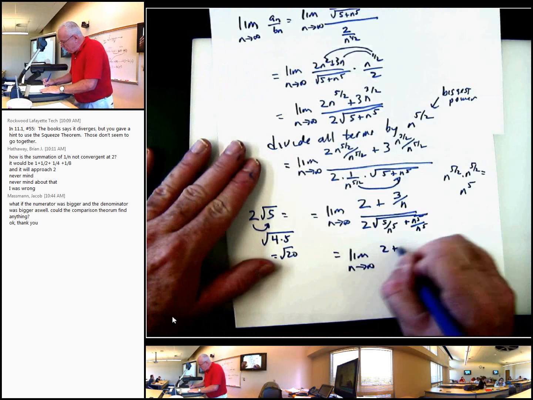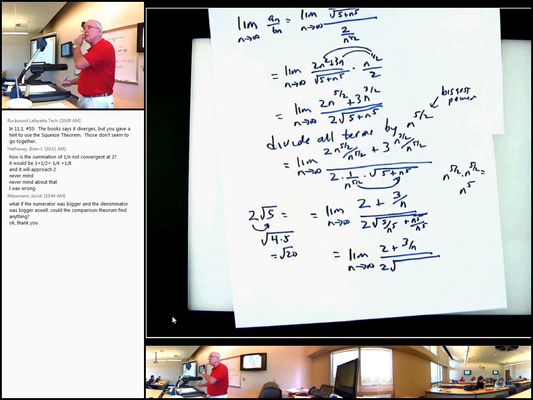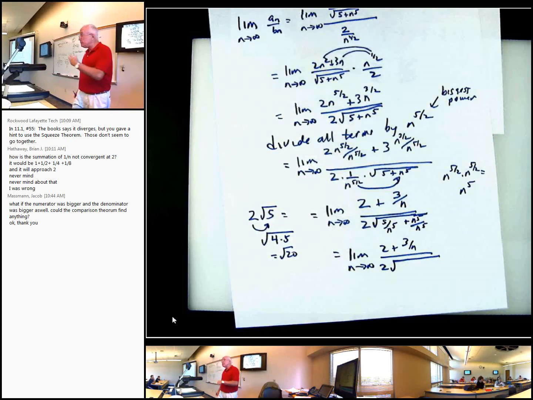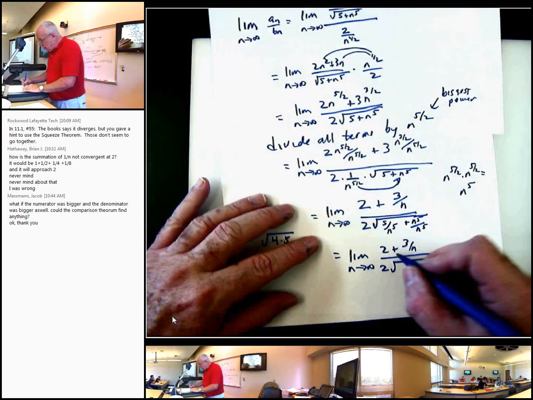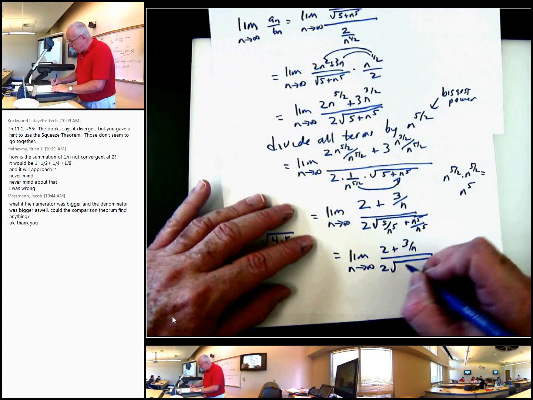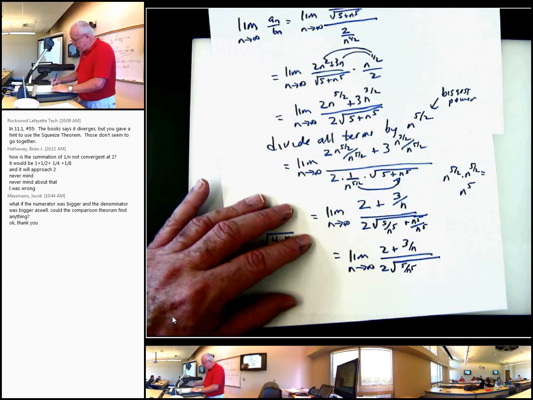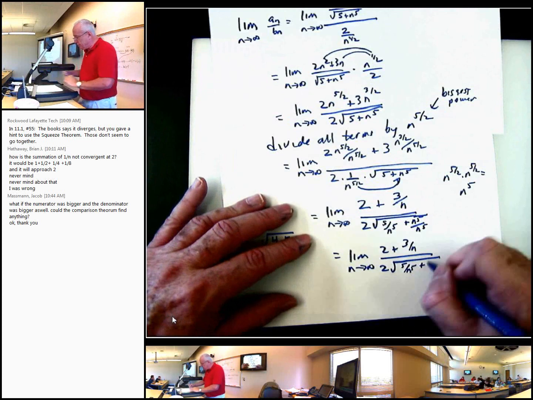Now, on homework, I know you guys aren't going to be going through all of these particular steps in excruciating detail like this, but this is the process. So we have 2 plus 3 over n on top. On the bottom, we have 2 times the square root of 5 over n to the 5th, and then this other second term simplifies to 1.